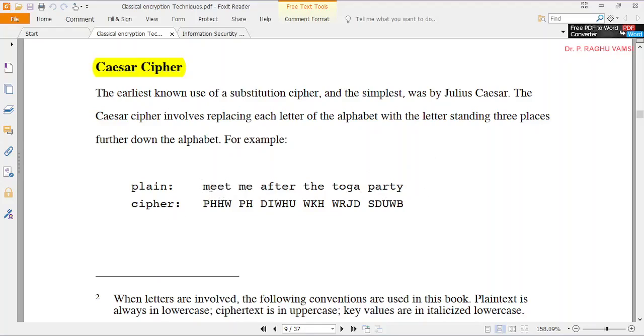Now M is there. M will be replaced with the letter 3 places down. So M N O P, that is 3 letters down.